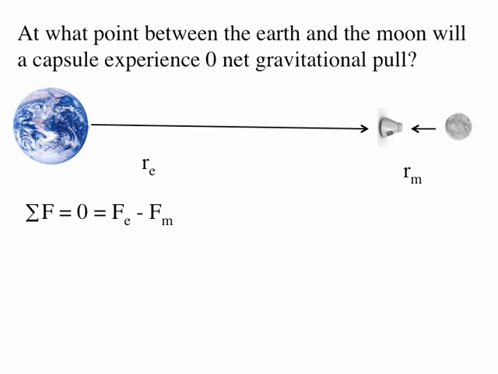So the sum of our forces would be 0. The force of attraction between the Earth and the capsule and the force of attraction between the Moon and the capsule would be equal and opposite.